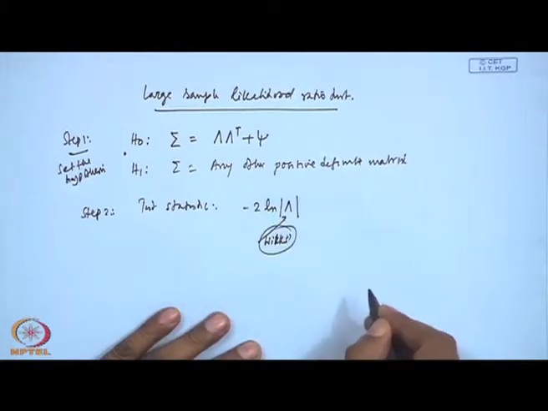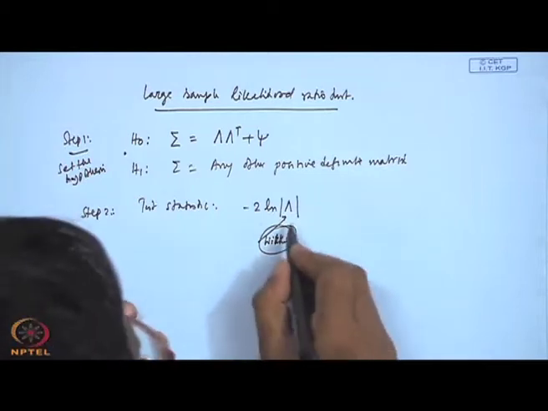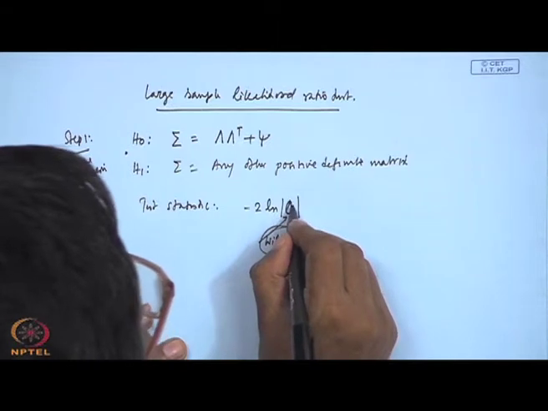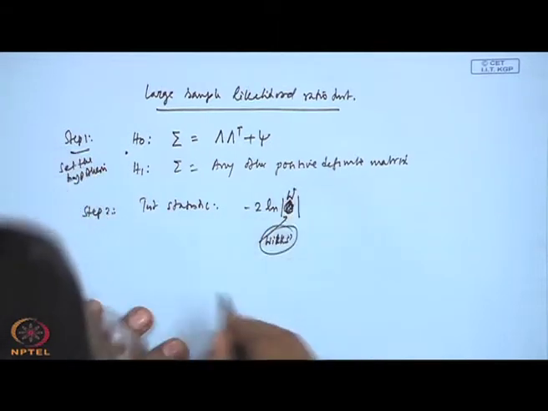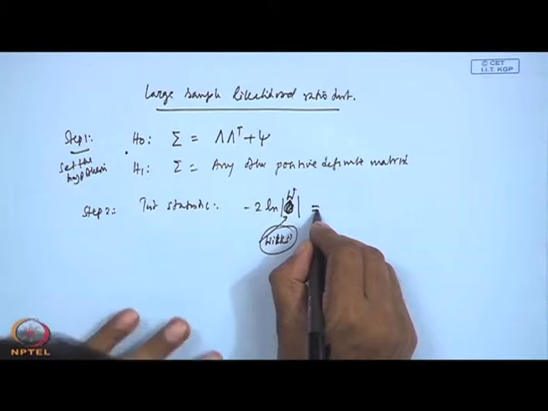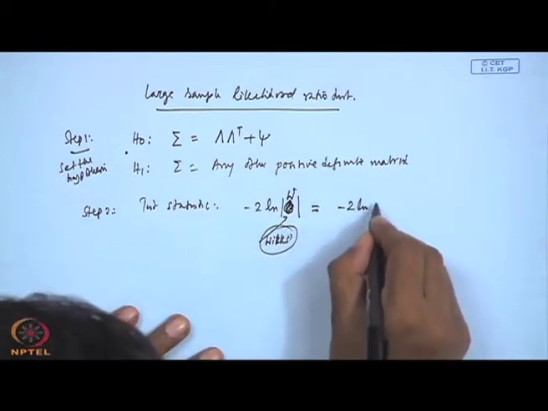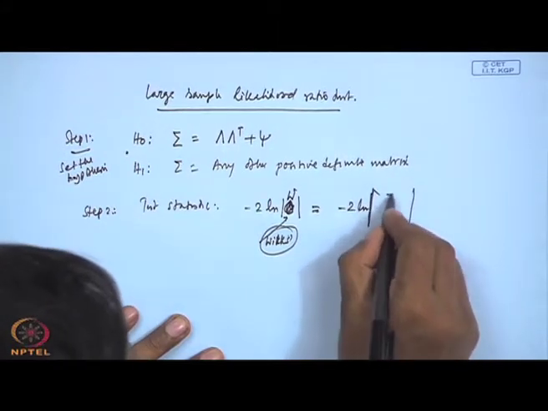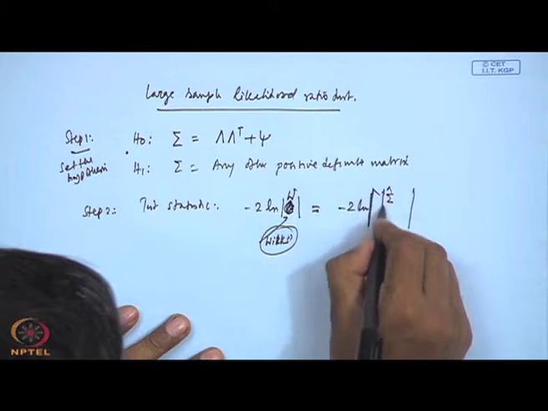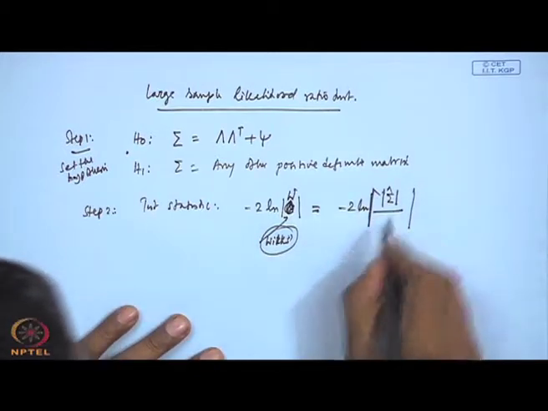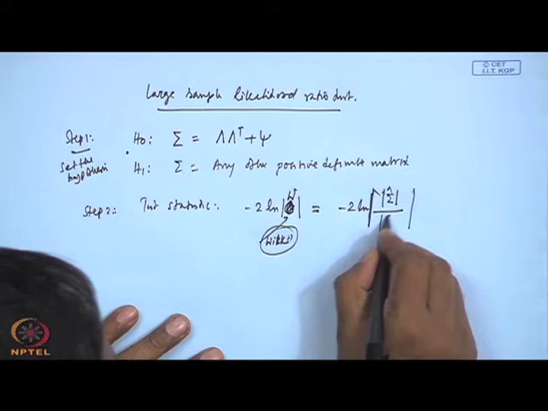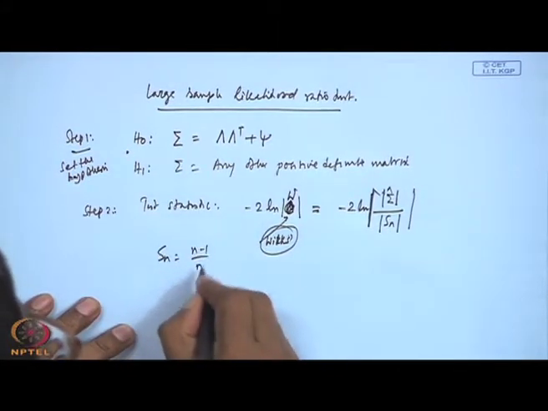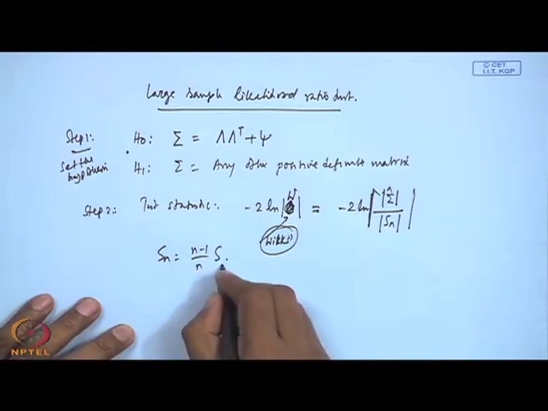Let it be W. That is minus 2 log determinant of sigma cap by determinant of Sn, where Sn is n minus 1 by n into S, the sample covariance matrix.